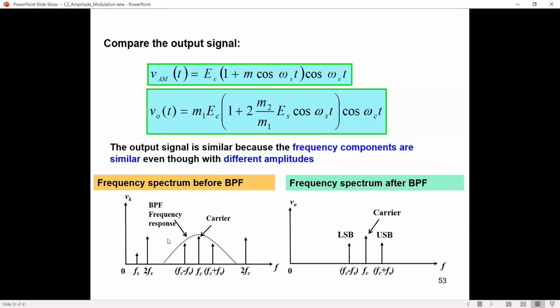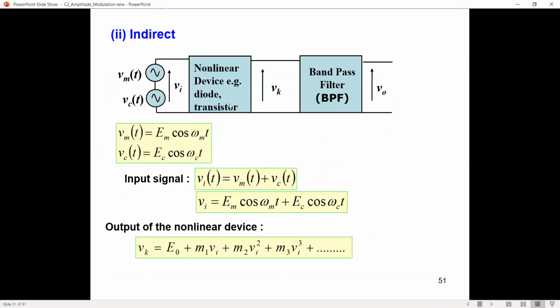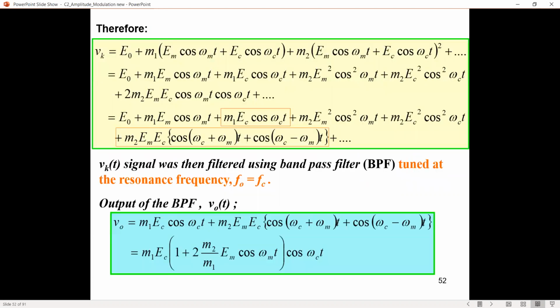So only these 3 components, FC, FC plus FM and FC minus FM, will remain for the subsequent stage. The rest we just remove.